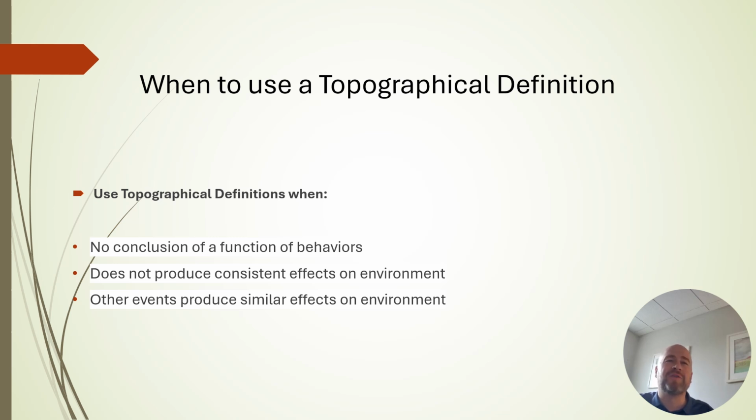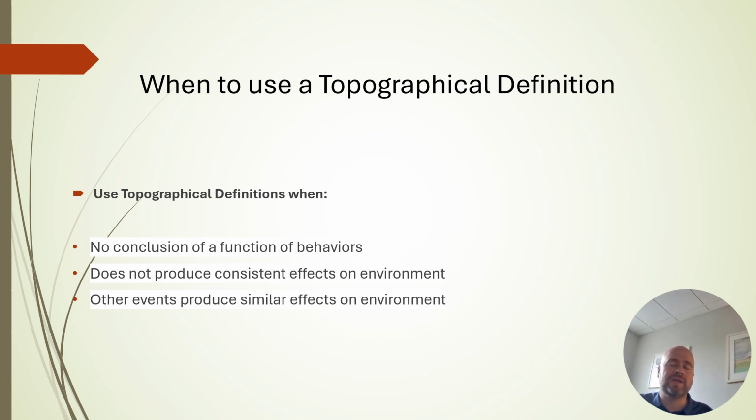And then maybe other events produce similar effects on the environment, and we might consider that a behavior occurred when it really didn't, because something else played a role in changing that environmental stimuli that wasn't the actual behavior we're interested in recording. Another example might be when the form of the behavior is more important than the function.